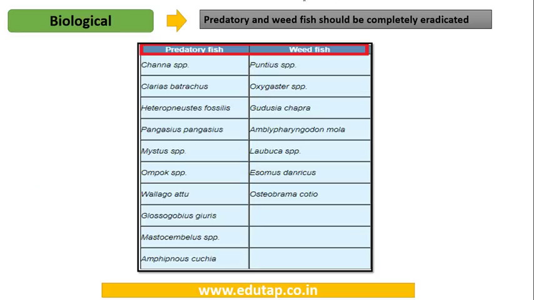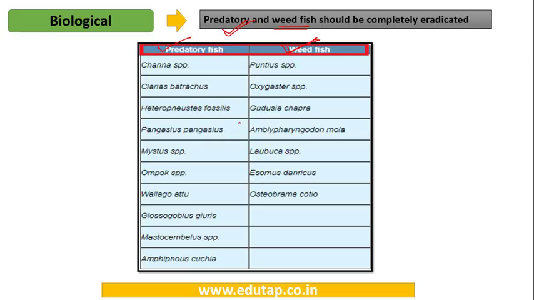Okay, now we also need to completely eradicate the predatory fish and the weed fish. When you say predatory fish, these fishes feed on the other important species, so we need to eradicate them, right? Here you can see the example that is given for predatory as well as weed fish. Just once go through this tabular column.